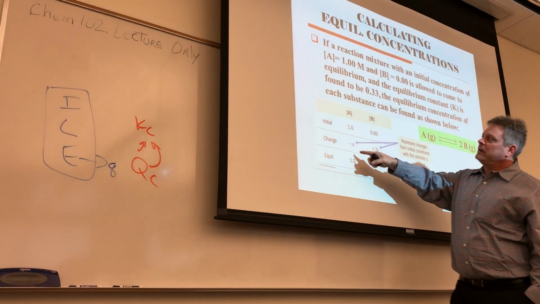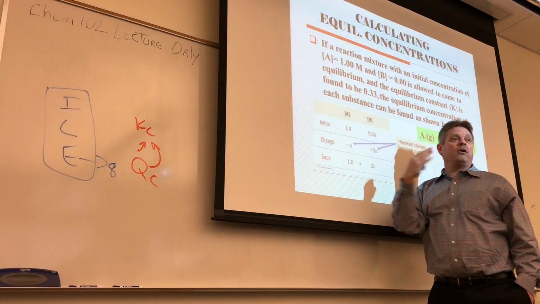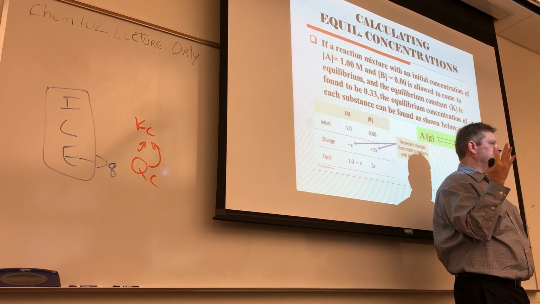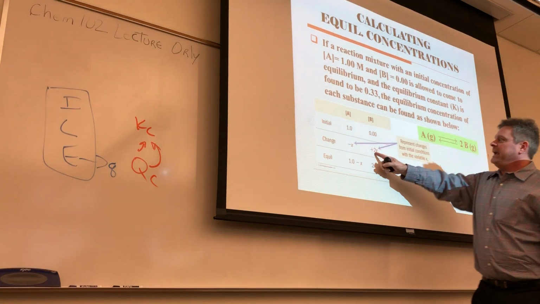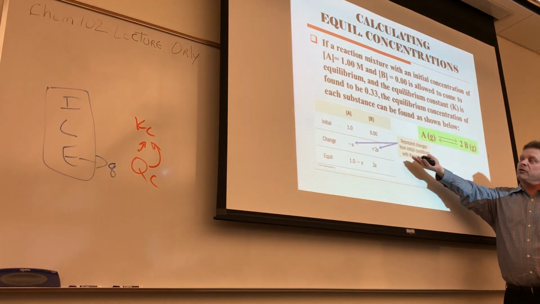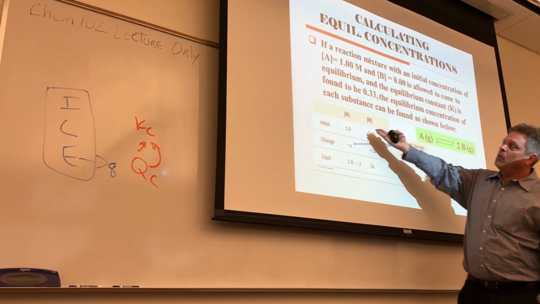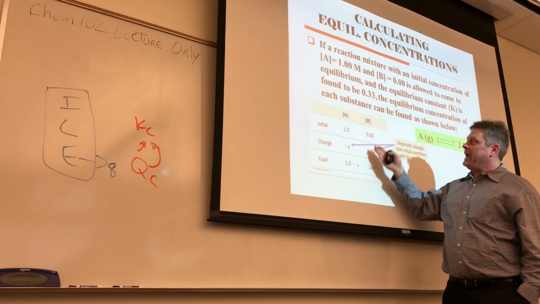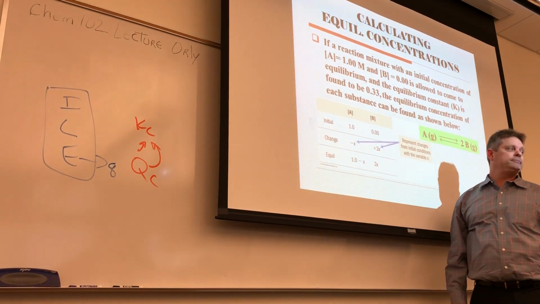I know I'm going to lose something, but I don't know how much, so I'll say I'm losing minus x, that's my variable. If I'm losing minus x, I'm gaining 2x because it's a 2-to-1 ratio. So when I put this together, I have 1 minus x and plus 2x.